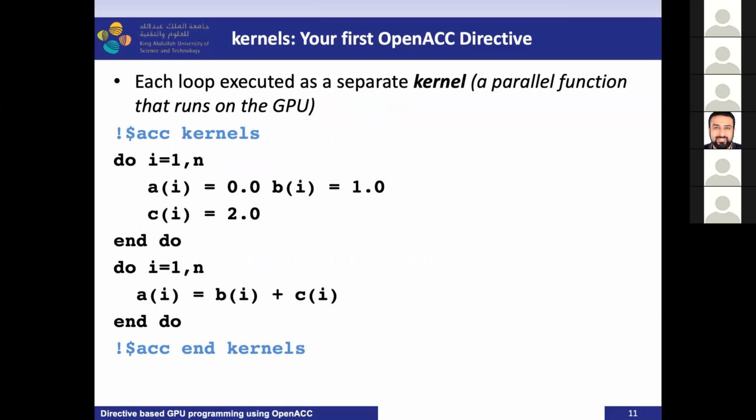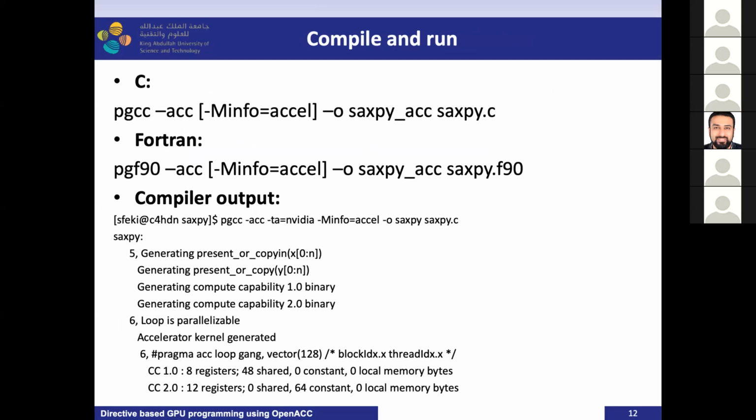So the first OpenACC directive that we want to learn is kernels. Basically, if you put an ACC kernels, and that's a Fortran example I start with, what happens is that those two loops will be executed as separate kernels, and each kernel will be parallelized and executed with acceleration on the GPU. From this code, we need to start compiling, and that's a SAXPY example here.